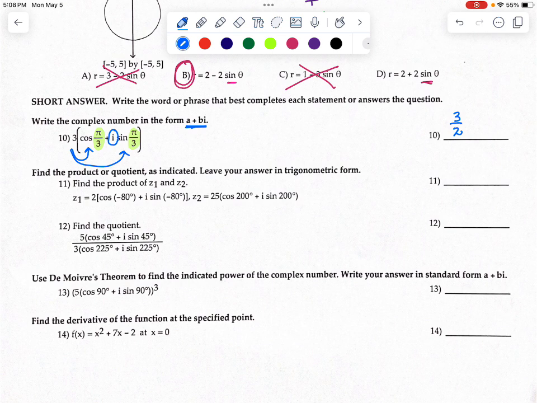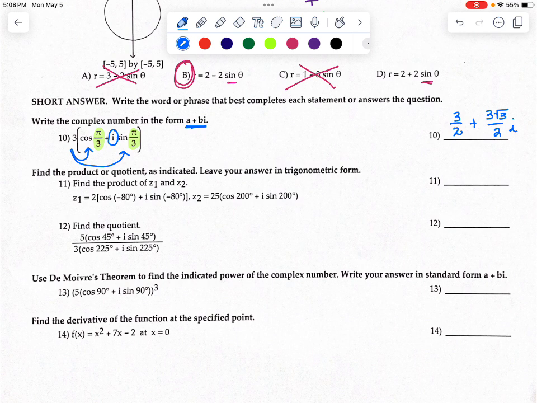So I'm going to do 3 times the sine of pi over 3, which is going to give me some really not nice decimal. Or preferably, I'm going to leave it in root form. So plus 3 square root of 3 over 2 i. So that is the standard form of that polar number.